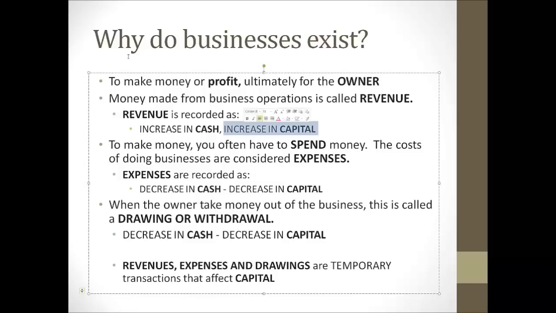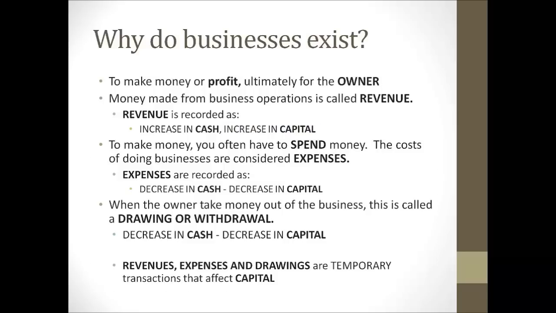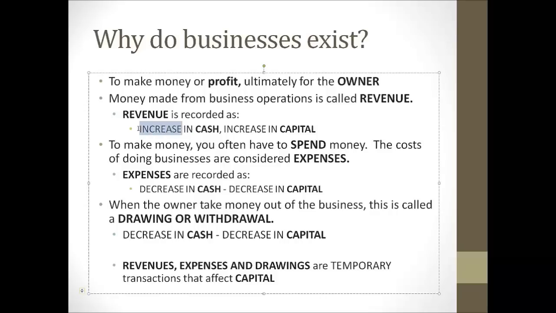Be very mindful of this. Money made from business operations is called revenue. And revenue is often recorded in the following manner. There will be an increase in cash, meaning because there was revenue in the business and that revenue made us more money, the business owns more money.